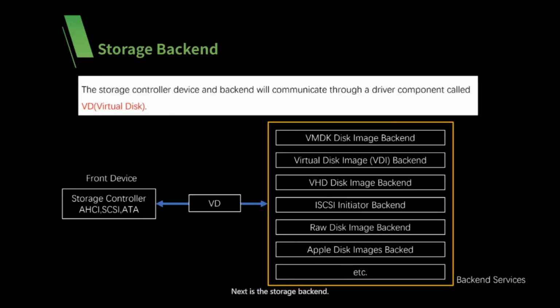Next is the storage backend, and the picture shows the front device of storage is the storage controller, such as AHCI, SCSI, and ATA. These are standard storage hardware protocols. When the controller receives the disk data packet, it needs to be forwarded to the corresponding storage backend. In VirtualBox, the backend represents different types of images, because the format of each image is different, so different backends are needed to read and write.